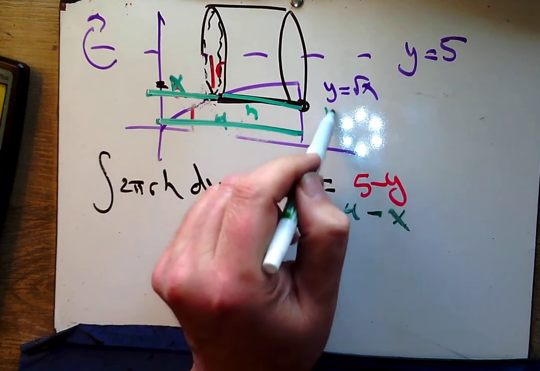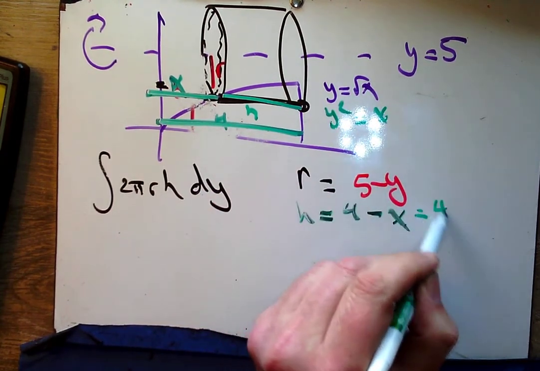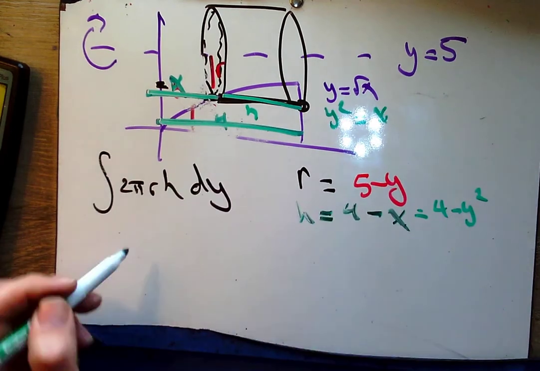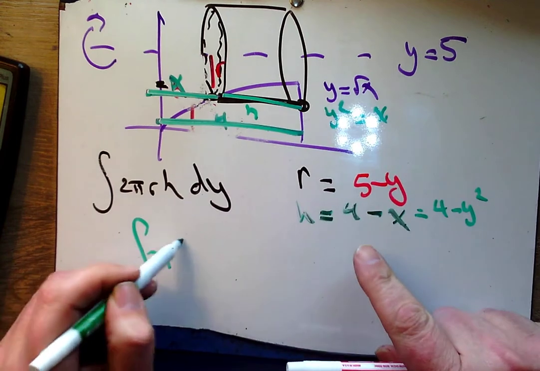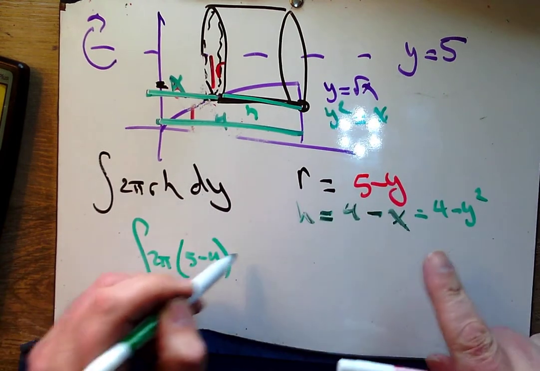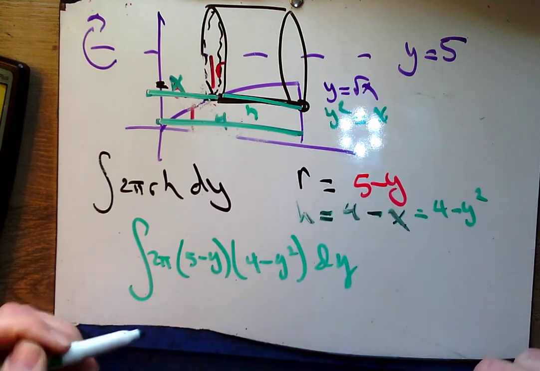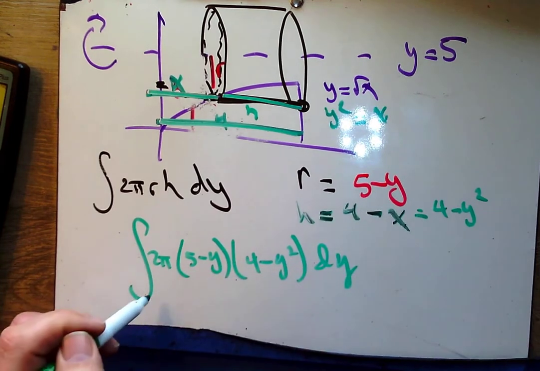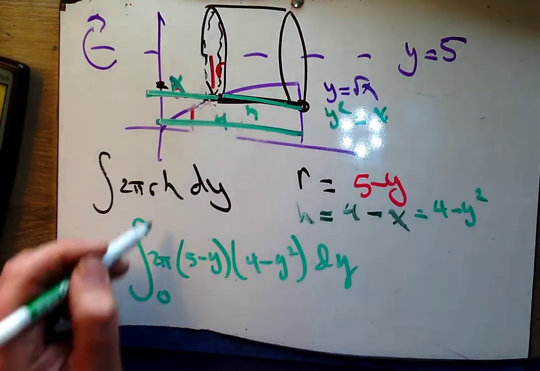So let's square both sides and see that x is equal to y squared. So integrating 2 pi, (5 minus y)(4 minus y squared) dy. And these are y values that we're integrating, so we're going from 0 to 2.